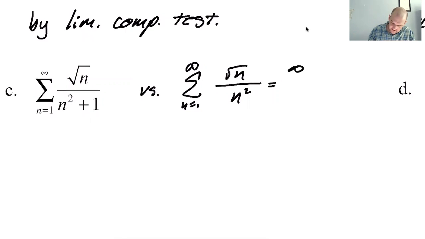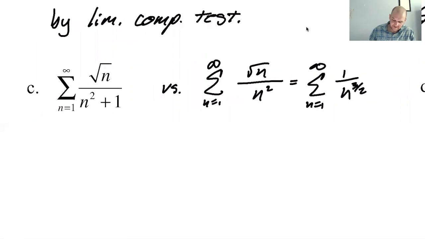So this is going to give me 1 over n to the 3/2, which is a convergent p series. So I know that this converges. So when I do the limit comparison test, if I get a positive finite, which I'm definitely going to, they both do the same thing. So it's kind of weird. You have to be able to build the series.